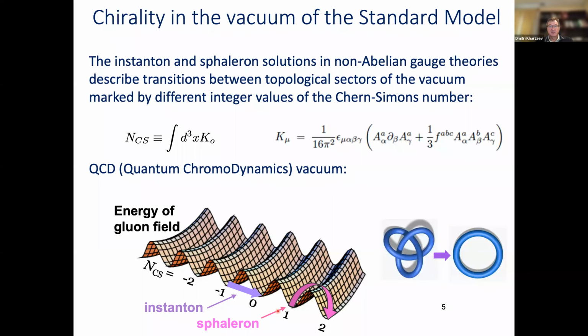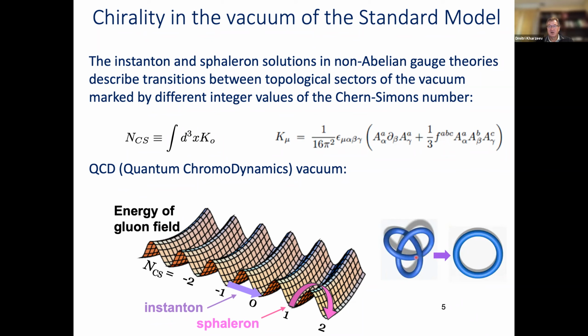And in 3+1 dimensions, or any even number of space-time dimensions, this is not a conserved quantity, and you have transitions between these sectors. The simplest way to think about these topological transitions, for example, in the abelian sector, is to simply have a magnetic reconnection. Suppose I start with the right-handed trefoil.